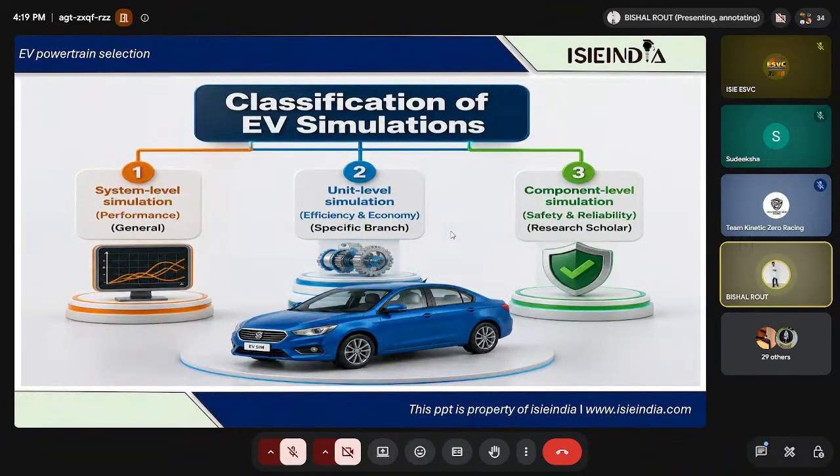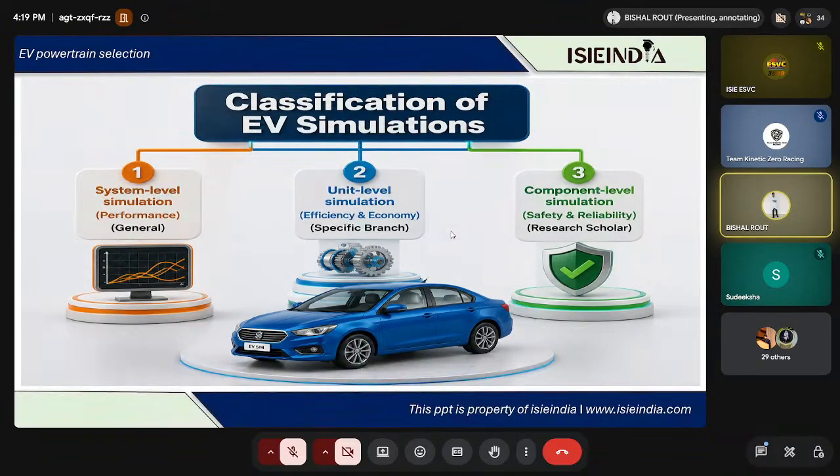For a battery, the team may investigate the electrochemical behavior of the cell, the heat generation of the cell, and the degradation of the cell by studying the equivalent circuit model of a cell. This information can be used to improve the subsystem model and ultimately the complete vehicle. So this is a core example of how they work in industry. This is all the classification as far as the vehicle is concerned.